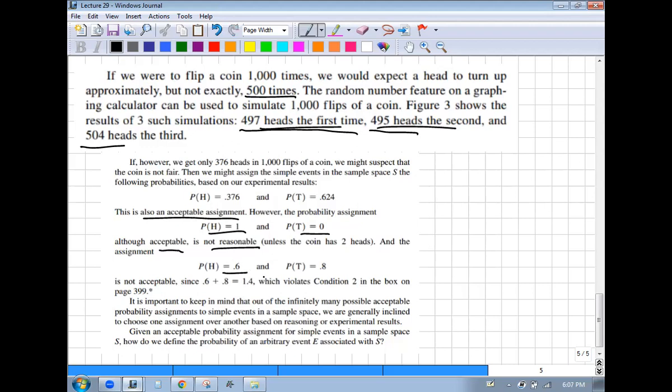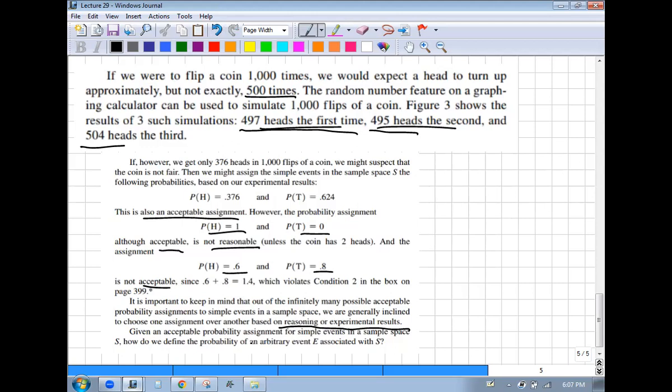This one, we say, okay, let's give 60% to heads and 80% to tails. It's not acceptable because they don't add up to 100%. So keep in mind that out of the infinitely many possible acceptable probability assignments to simple events in a sample space, we're generally inclined to choose one assignment over another based on reasoning or experimental results.